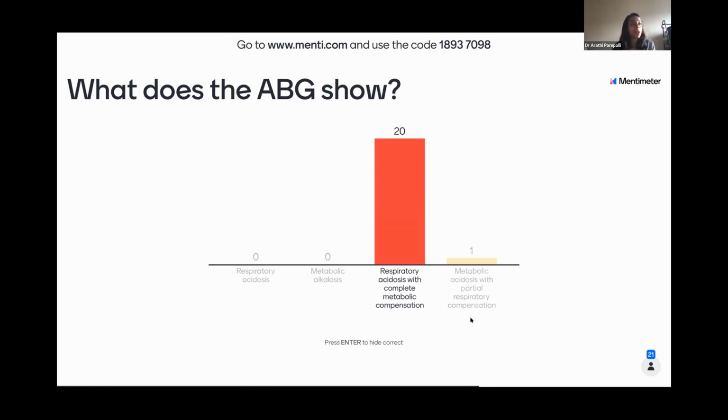So with bicarb level being that high, you know that it's a chronic change and the pH is also fine and within normal limits. So with this, you can sort of safely say that there's respiratory acidosis that isn't actually acidosis because the bicarb is increased enough to compensate for that. So that's complete metabolic compensation. So respiratory acidosis with complete metabolic compensation.